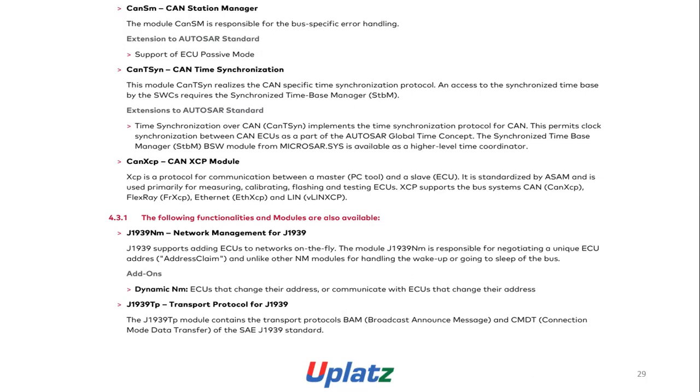Add-ons: dynamic NM, for ECUs that change their address or communicate with ECUs that change their address. J1939 TP, transport protocol for J1939. J1939 TP contains transport protocols BAM, broadcast announce message, and CMDT, connection mode data transfer, of the SAE J1939 standard.